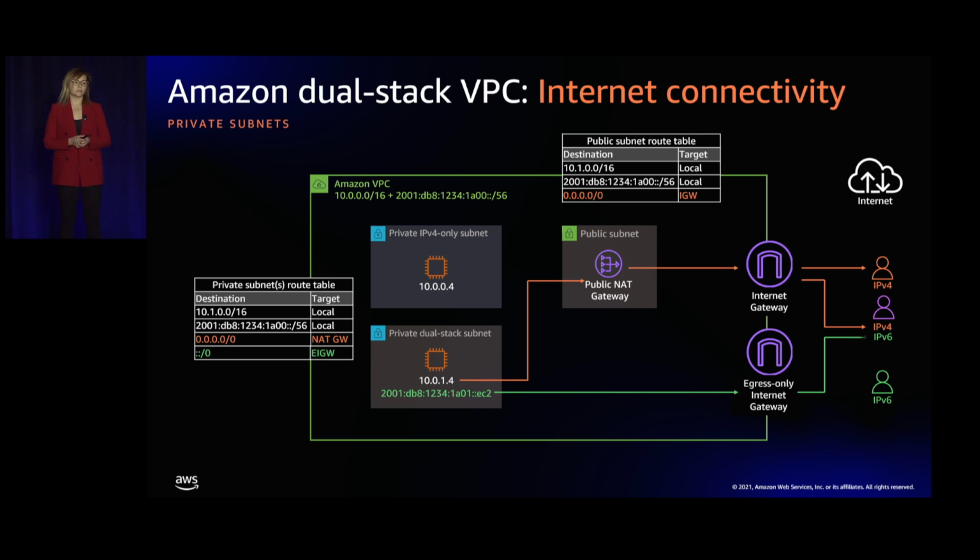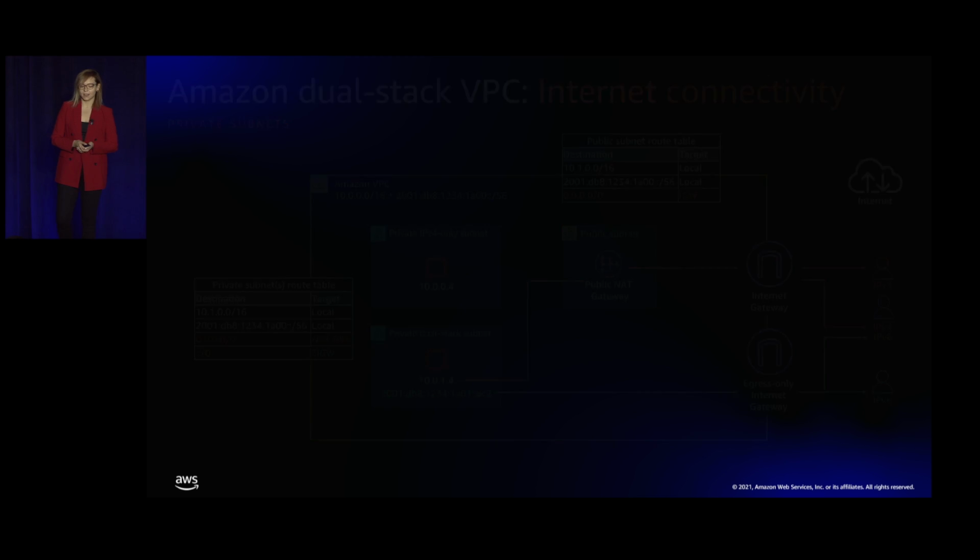So we use the egress-only internet gateway to ensure that only outbound flows are enabled towards internet endpoints, and there is no capability for internet endpoints to open connections to our private subnets' IPv6 addresses.